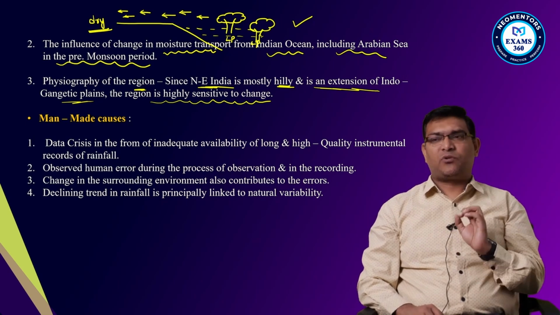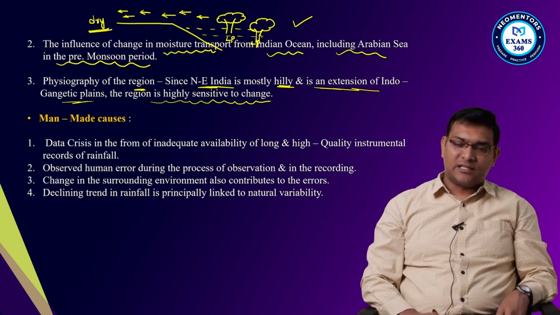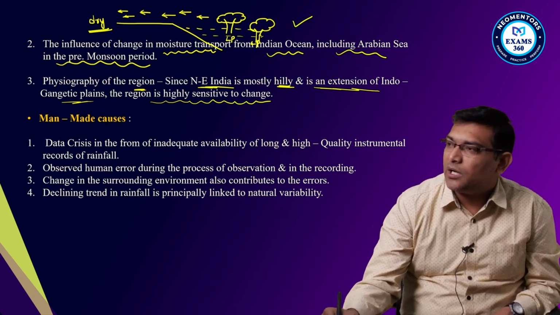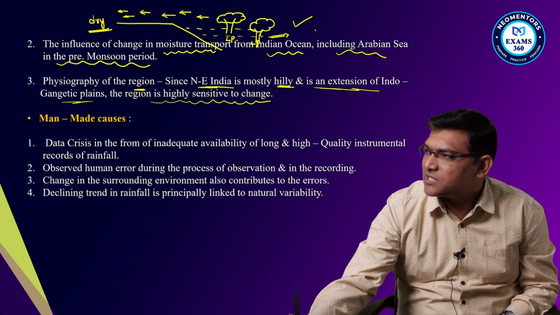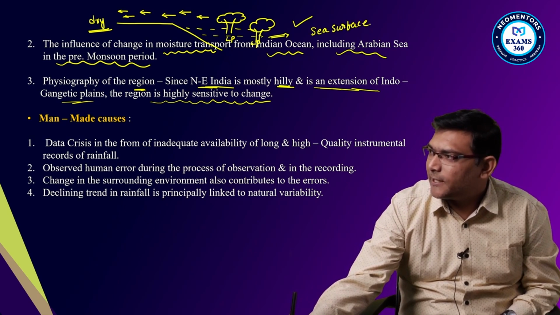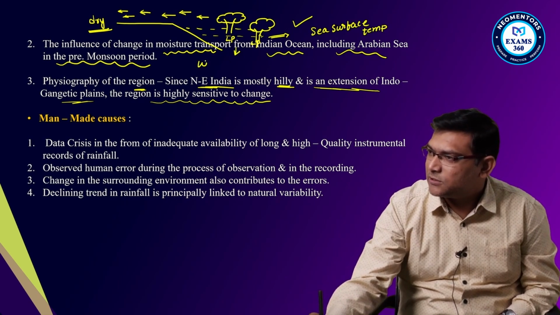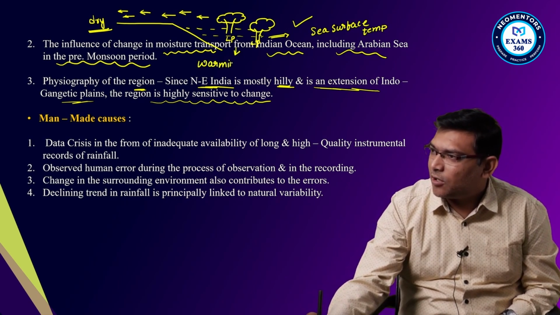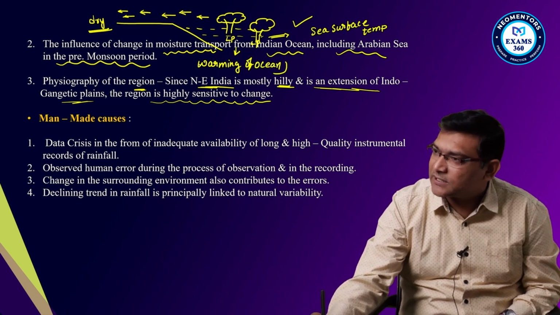Okay, apart from this, what are the natural factors? Apart from this, the other natural factor is why low pressures are being created. This is because of the sea surface temperatures, that is nothing but warming of the oceans, one of the major factors.